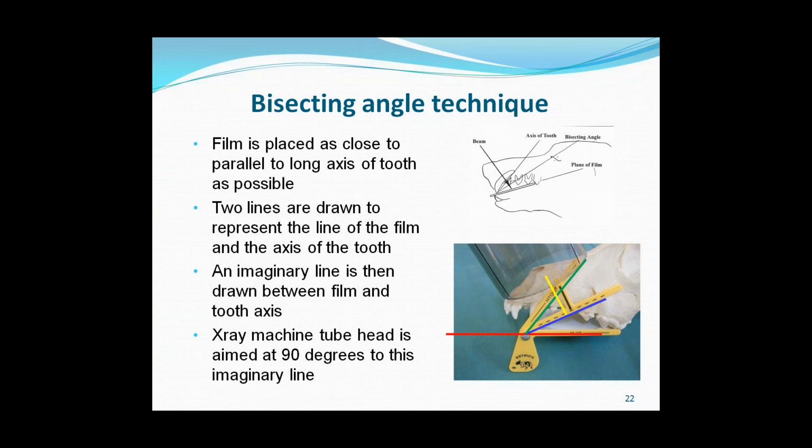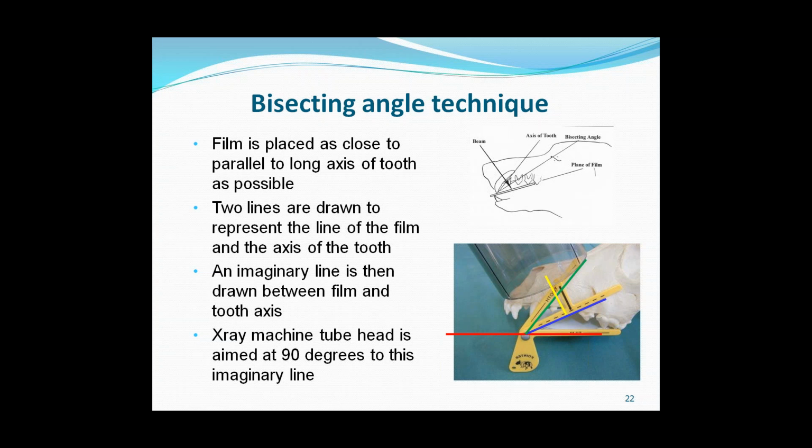So from the tip of the tooth to the tip of the root is along the green line. The blue line here then bisects both the green and the red equally, and then the tube head is angled at 90 degrees to the blue line, which is the yellow line. So it's not as difficult to interpret and take with a little bit of practice.